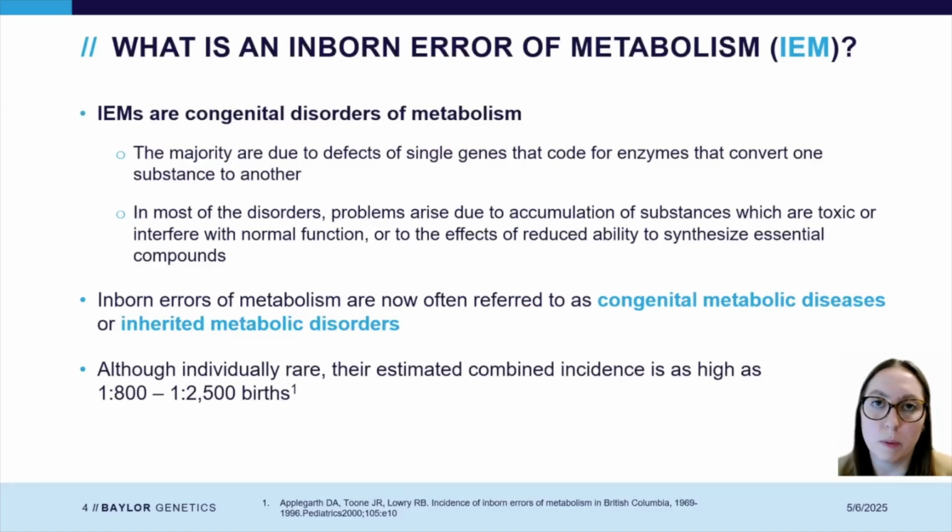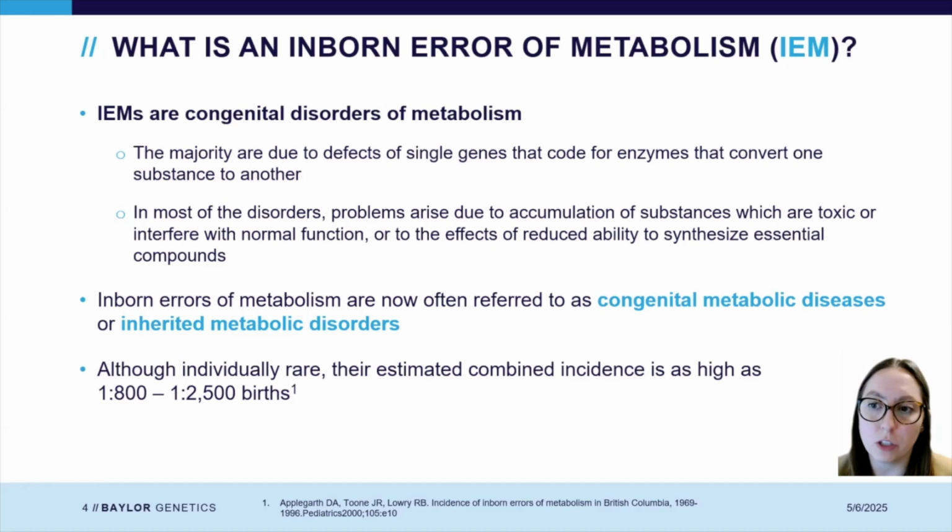To begin discussing Global MAPS, it's important to first understand the underlying conditions it is designed to help detect, that being inborn errors of metabolism, or IEMs. Inborn errors of metabolism are a large group of genetic disorders characterized by disruptions in normal metabolic pathways. These disruptions are most often caused by a defect in a single gene that encodes an enzyme.